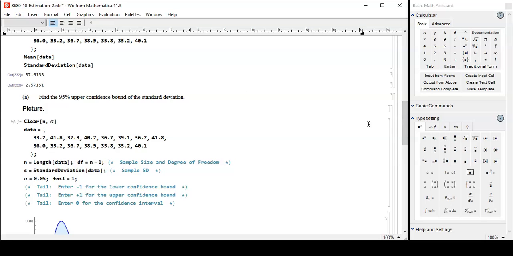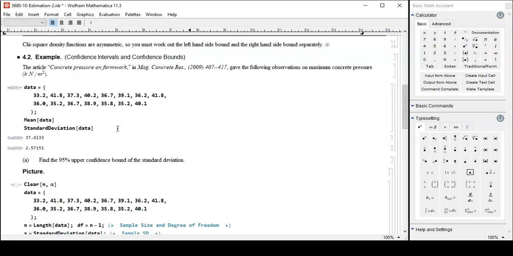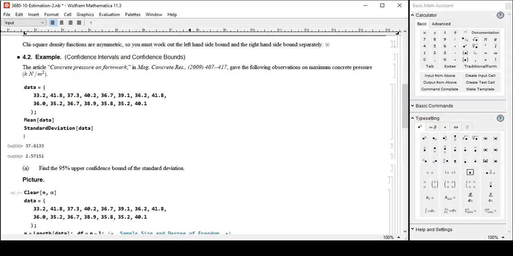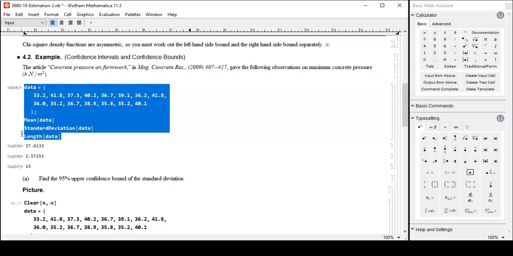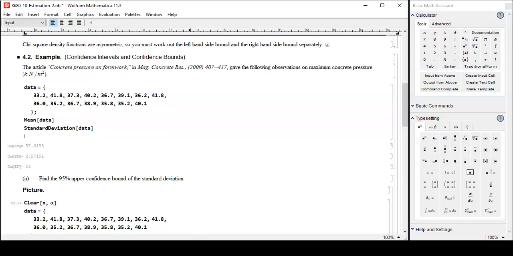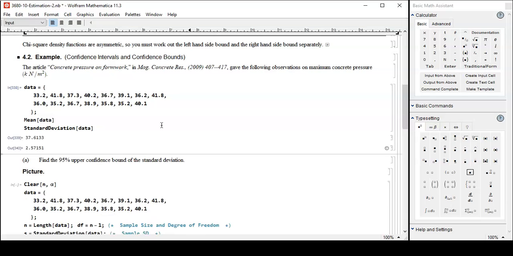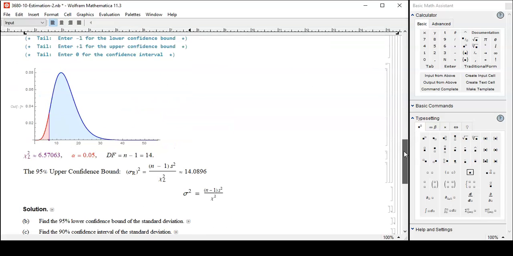How many experiments did he do here? How many numbers are there? Okay, there are 15 experiments here, 15 measurements. So the degree of freedom is 15 minus 1, so degree of freedom is 14.